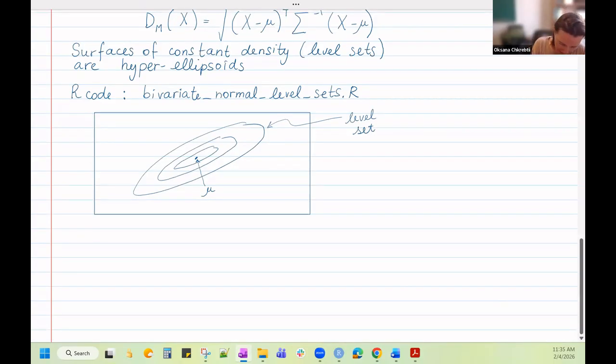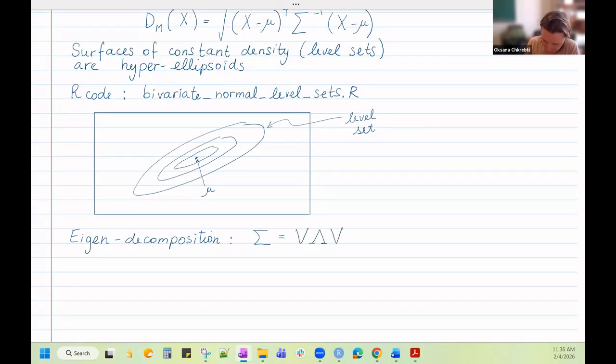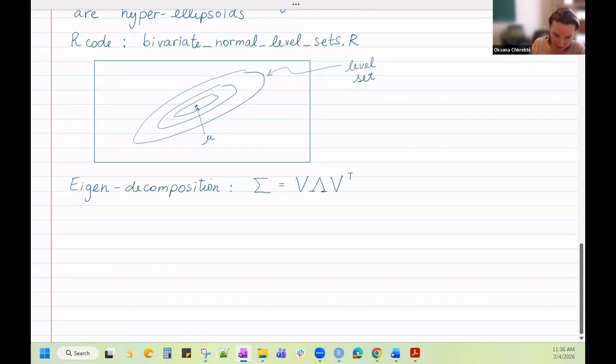So as I mentioned, if you do an eigen decomposition, you let this covariance matrix sigma equal V lambda V transpose, where the columns of V are going to be orthogonal and lambda is going to be a diagonal matrix of eigenvalues.